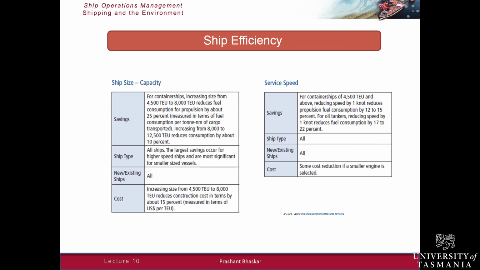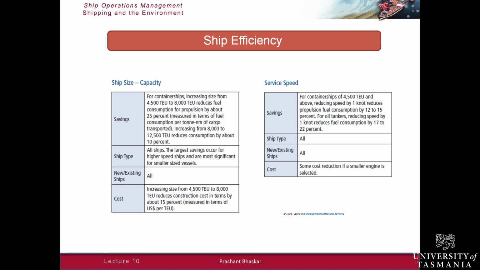Now, obviously, if we reduce fuel consumption, we can reduce emissions. And this figure on the left hand side presents transport efficiency in terms of fuel consumption per ton mile of cargo moved for container ships as a function of capacity in TEUs.